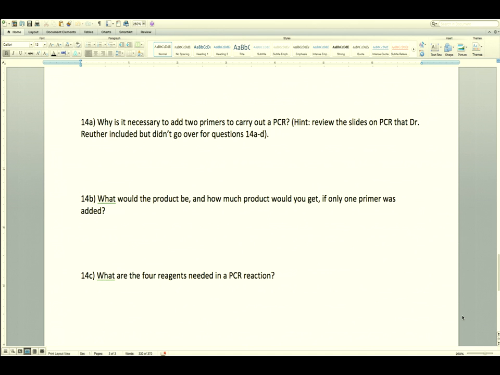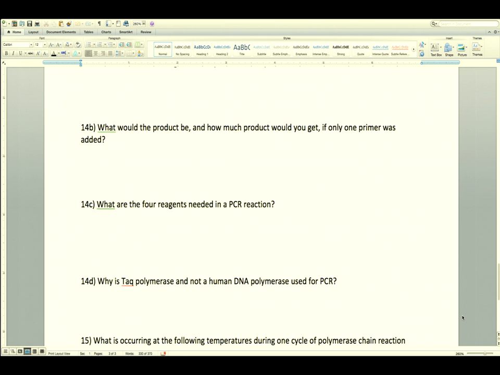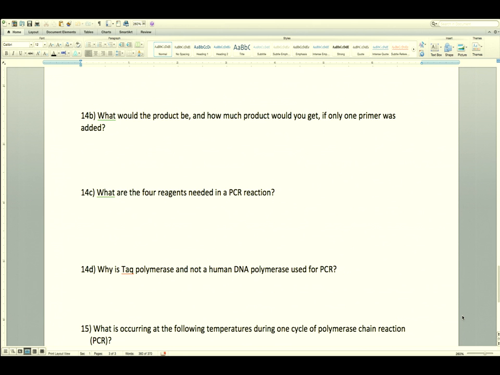All right, so 14B, what would the product be and how much product would you get if only 1 primer was added? Just like I said, like 30 copies instead of 2 to the power 30 copies.